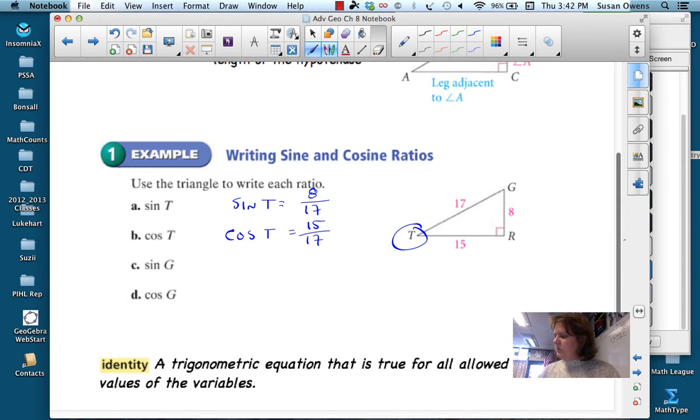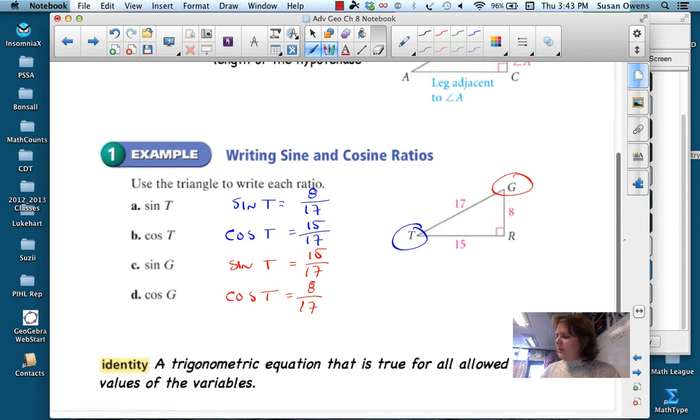And if I switch and I go to G, now the side that's opposite is going to be the 15, so the sine of G is equal to 15 over 17, and the cosine of G, adjacent to G, is 8 over 17.